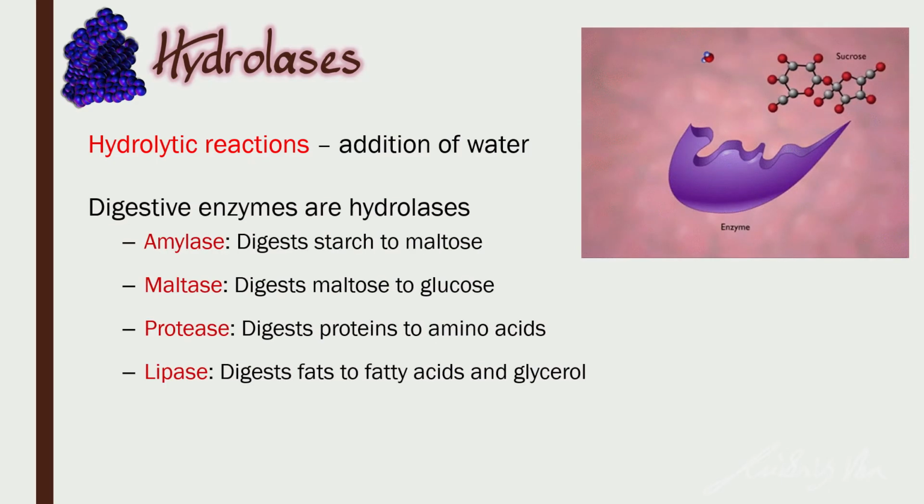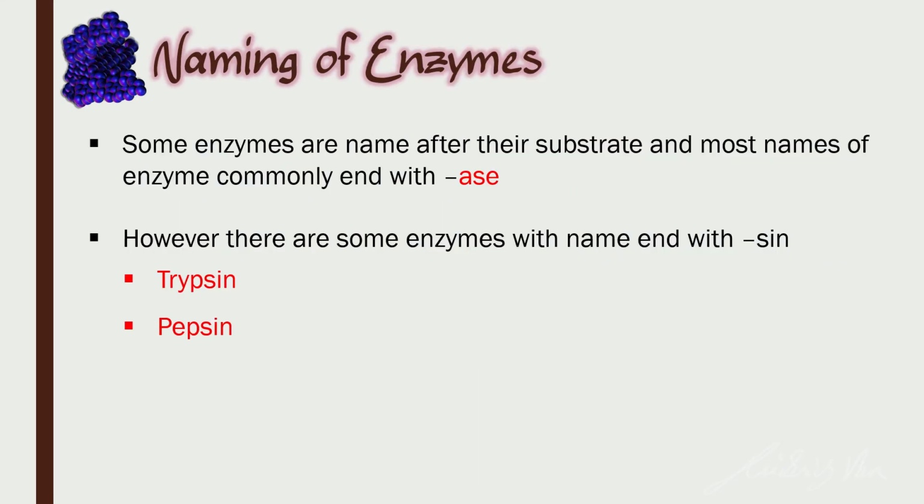So other digestive enzymes are also hydrolases. For example, amylase will digest starch to maltose. Maltase digests maltose. Proteases are those that digest proteins, while lipases are those that digest fats and lipids. So the name itself is kind of related to the substrate.